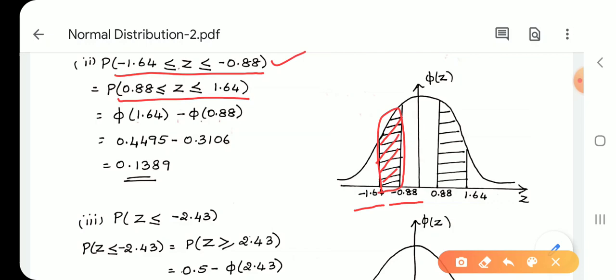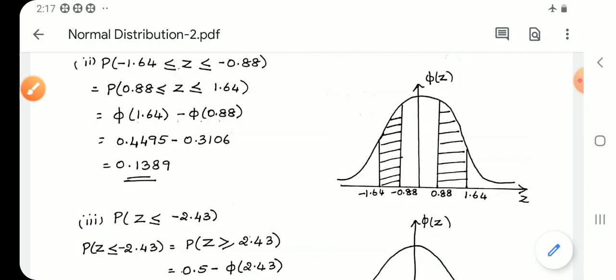Since both the parts of the curve, left and right, are exactly symmetrical, negative I can replace by the positive because of the symmetry. Now if I mark this positive part, 0.88 lies here, 1.64 lies here. In turn, now we have to find this shaded portion.